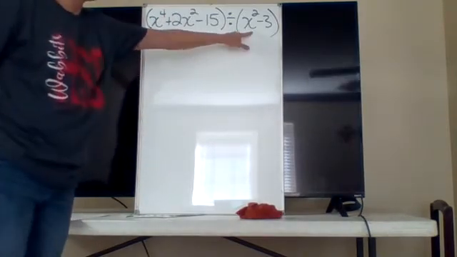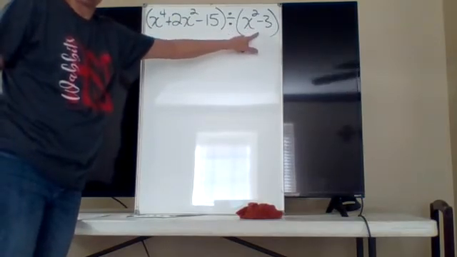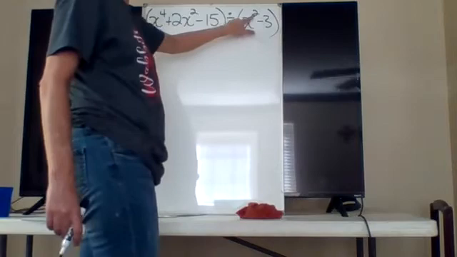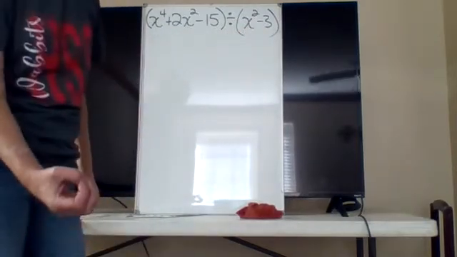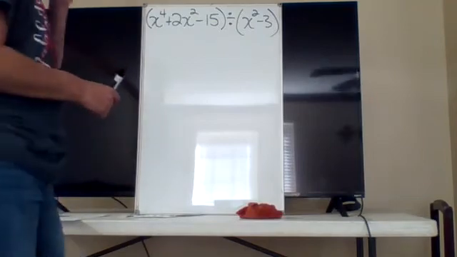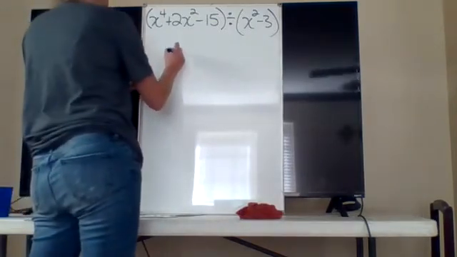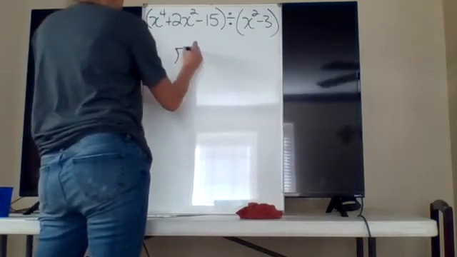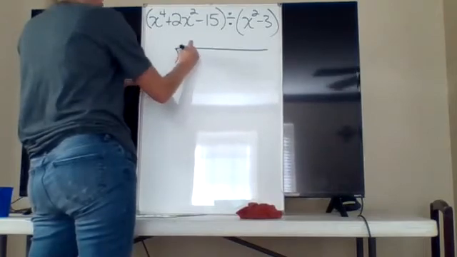Here and here, I noticed that this one has a missing term also. It jumps straight from x squared to the constant. It's missing its x. So I'll show you how you write that. You're going to fill in for your missing terms. So let's see. Inside here, it starts with x to the fourth.